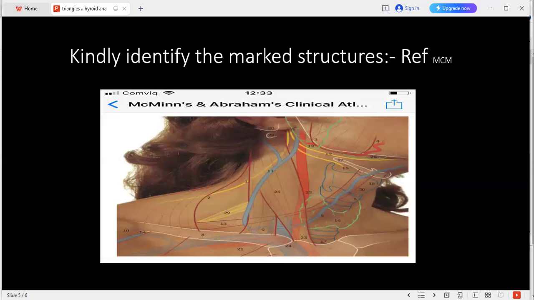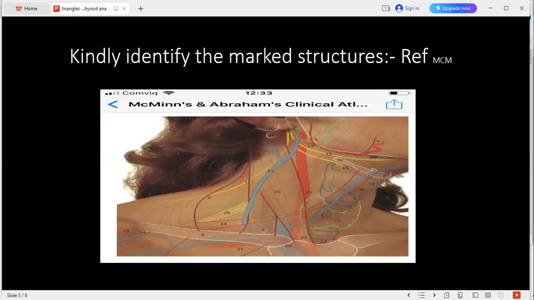Can you tell me the clinical significance of injuries to the external carotid artery and to the internal carotid artery? The external carotid artery supplies the face and the occipital region and all the external structures.